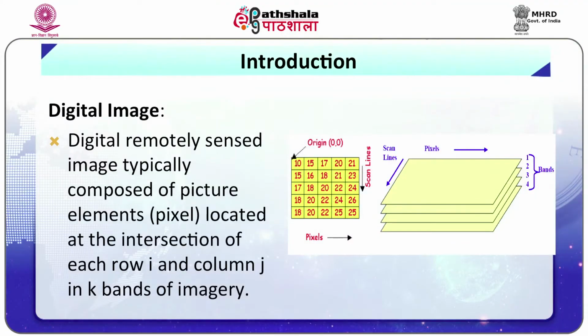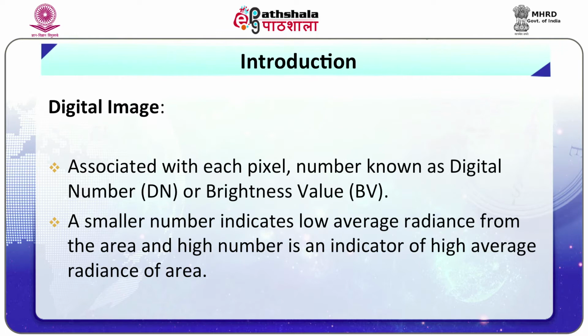A digital remotely sensed image is typically composed of picture elements having digital number or brightness values located at a particular row and column in any band in the imagery. A smaller number indicates low radiance from the area, and a high number is an indicator of high radiant properties of the area.